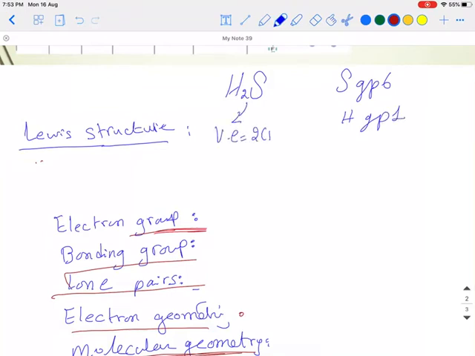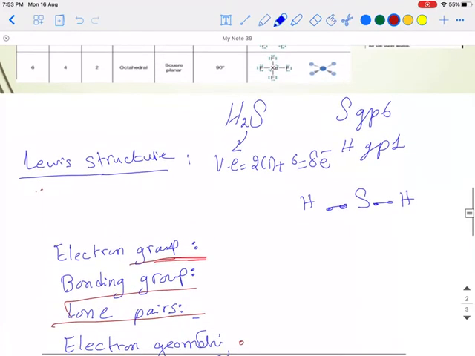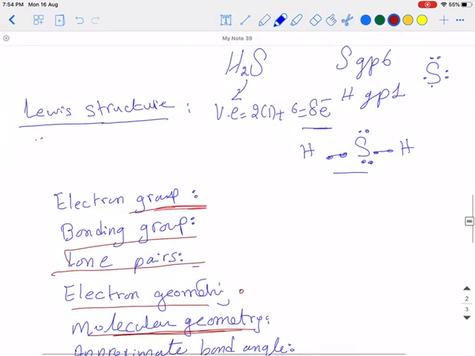If we want to calculate the valence electrons, 2 times 1 plus 6 sum up to 8 electrons. Sulfur is the central atom. Hydrogen is filling 2, sulfur should fill 8. So 1, 2, 3, 4. Sulfur can have lone pairs, group 6, so I add 2 lone pairs. Now if you check the electrons, they sum up to 8 electrons, which is the correct number.